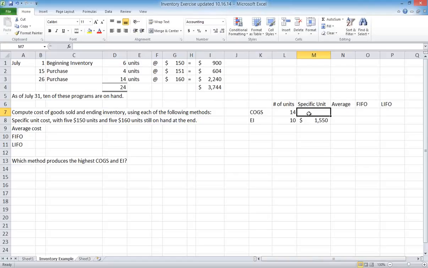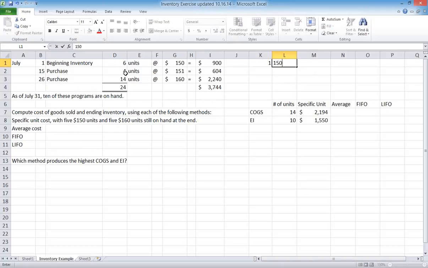I could say it has to be the difference between my available for sale and my ending inventory. That's one way. Another way is I can actually look and see what those are. If I've sold 5 of my $150 unit ones, then that means I still have 1 at 150.